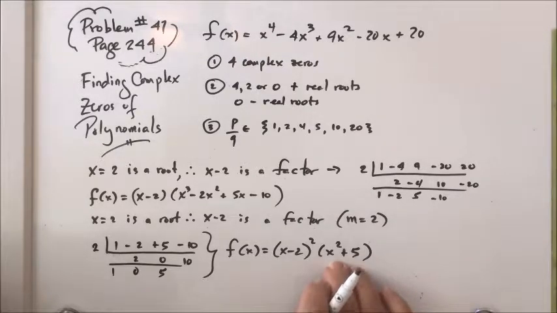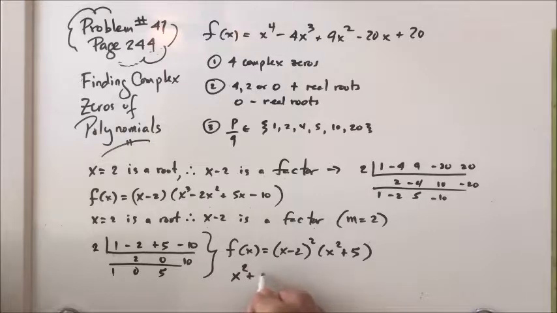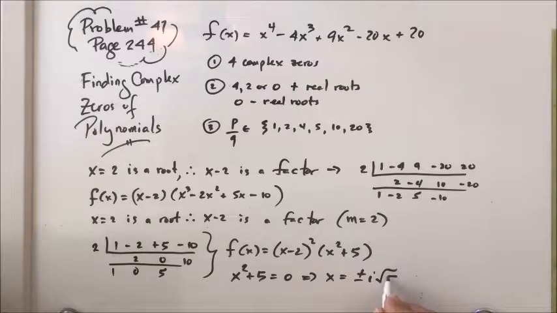And of course, that factor has two roots, and those two roots are x equals plus and minus i root 5. Is that right? Yeah, plus and minus i root 5.